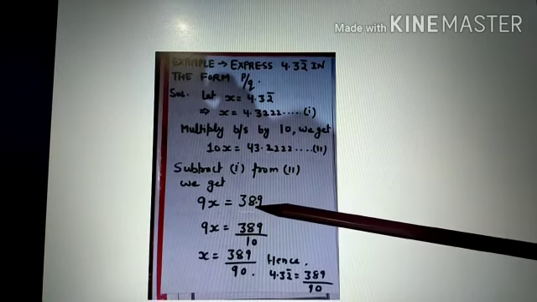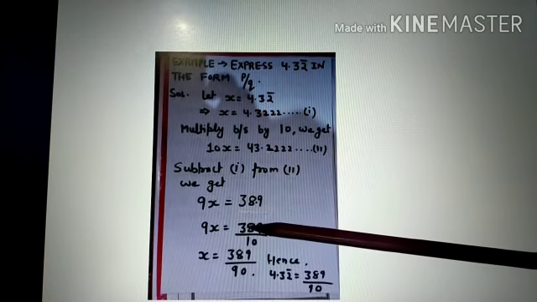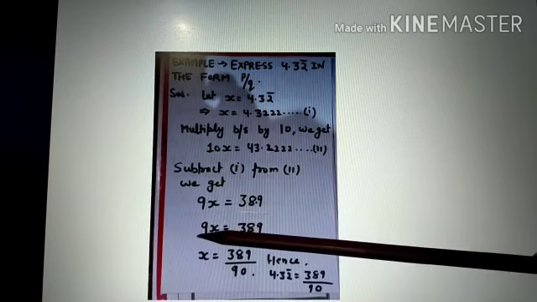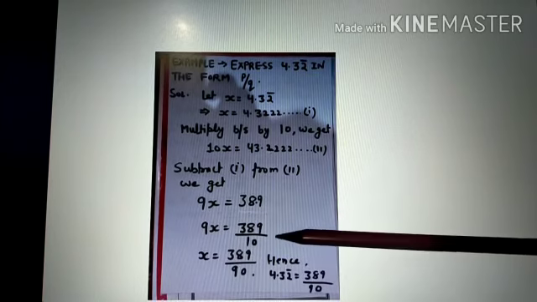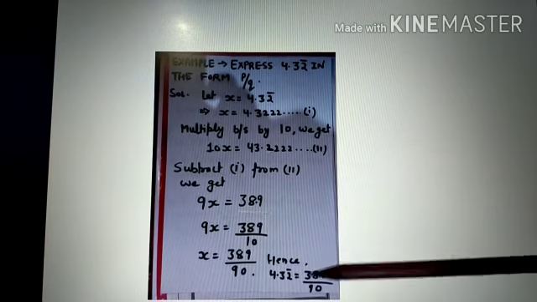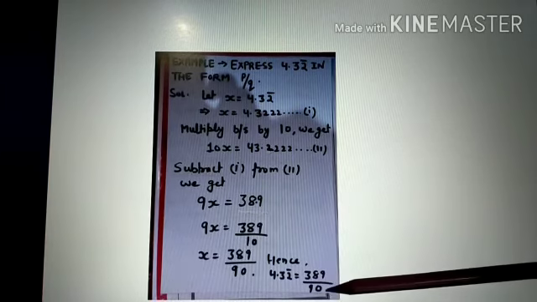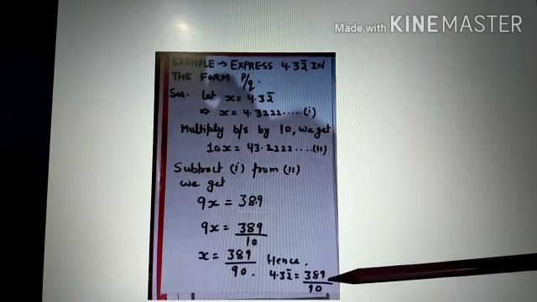Now we have to change this 38.9 into fractional form, 389 upon 10. Then bring this 9 down, it becomes 90. Hence 4.32 bar is written as 389 upon 90 as P by Q form. This is a rational number.